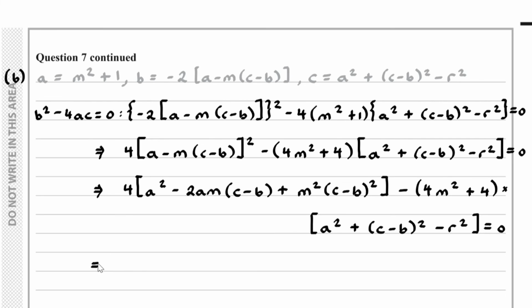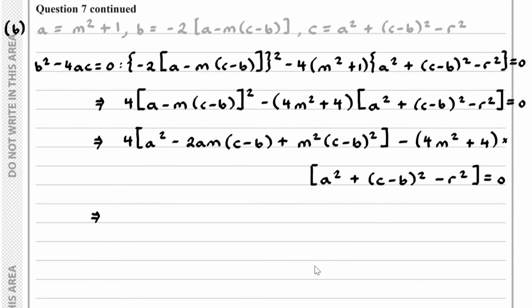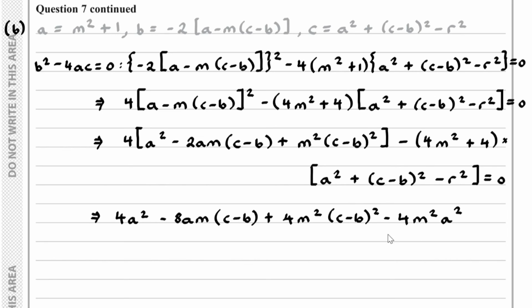So if we continue, let's expand everything out. We've got 4a squared minus 8am times c minus b plus 4m squared times by c minus b squared, and then I've got minus 4m squared times by a squared, so that's minus 4m squared a squared.